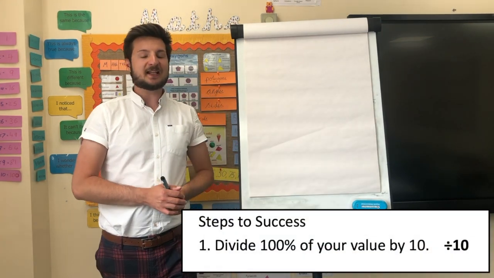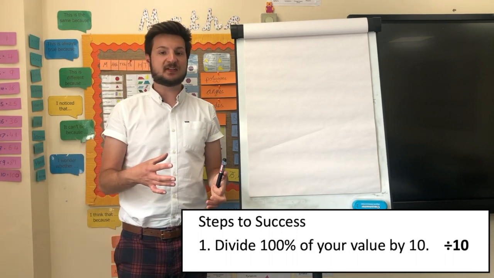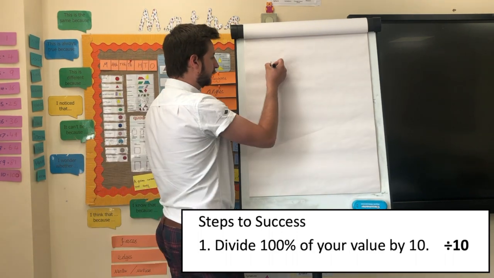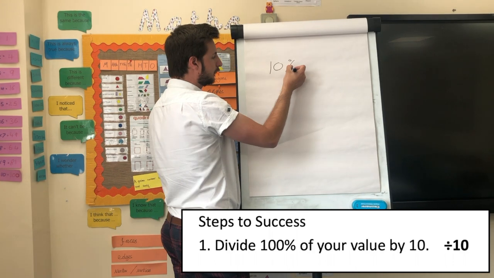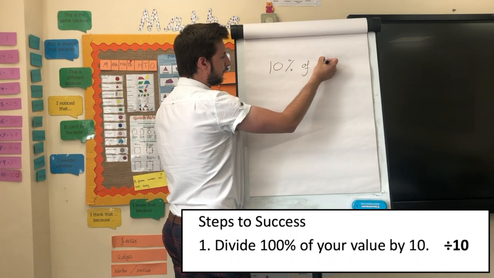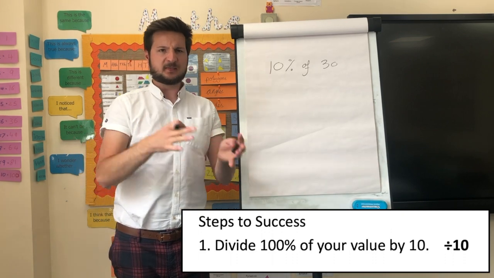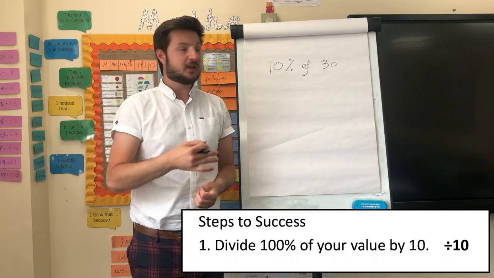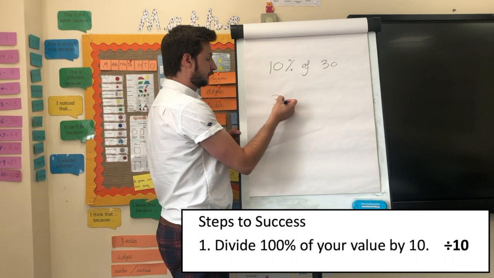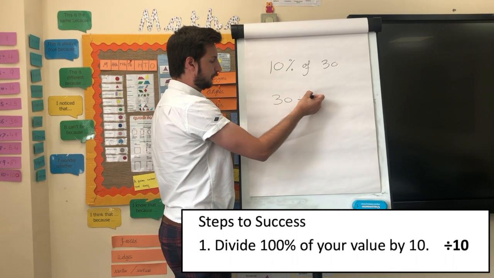So, let's see if we can find 10% of 30. Well, 10% means the same as a 10th. All we do is divide 30 by 10.